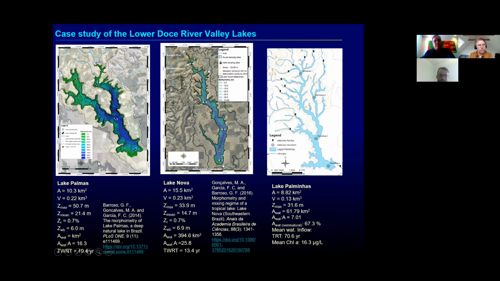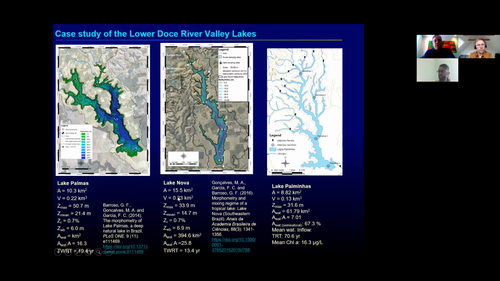That's why we think this lake might be the deepest natural lake in Brazil, not only for the maximum depth but also for the mean depth. The theoretical water retention time is almost 20 years. So it takes a very long time to renew all the water of these lakes, which can make them very susceptible and vulnerable to eutrophication and contamination as well.